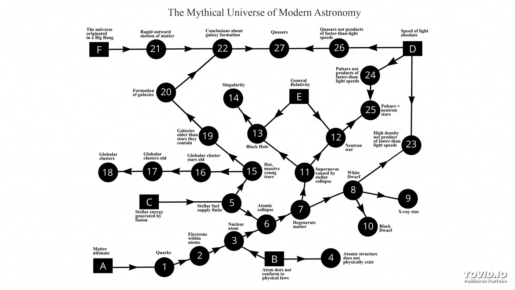That is the assumption that the atom does not conform to the normal laws of physics. That's a drastic assumption, and because of that drastic assumption, the people who put this structure together in the first place have had to make the admission that their atom is not a real particle. That's number 4 on the diagram.